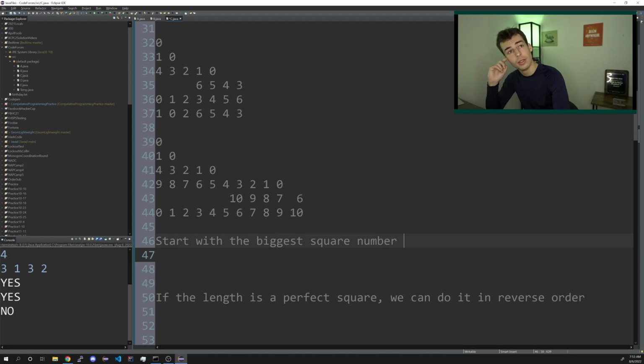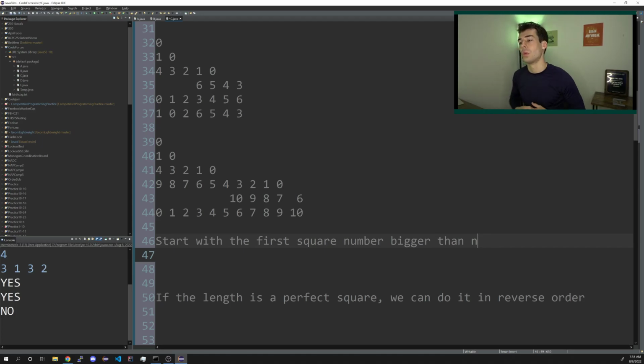Or the first square number bigger than n? Wait, so what's bigger than 16? 5 squared, 25.